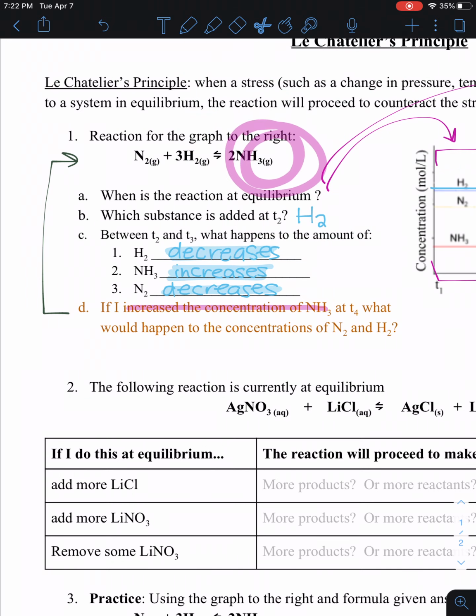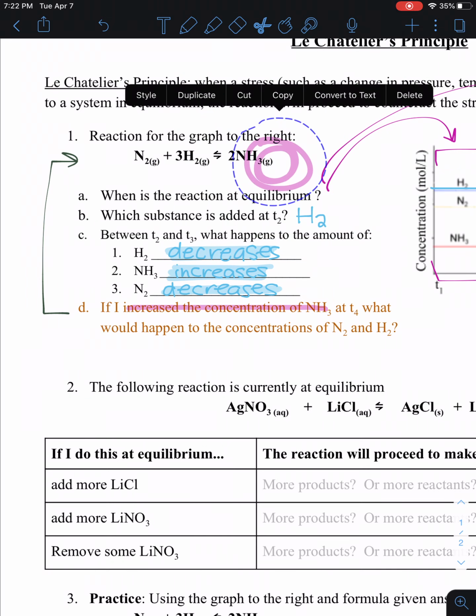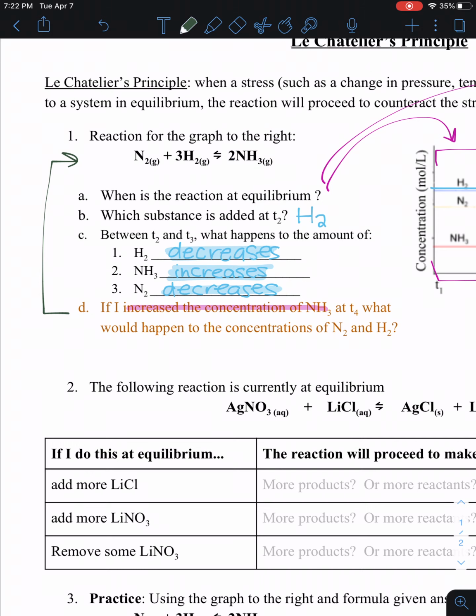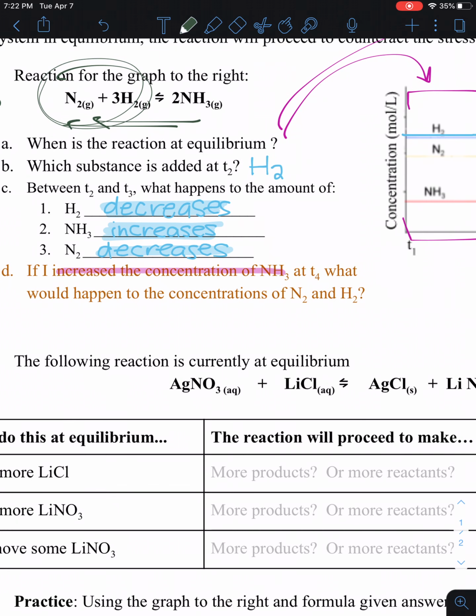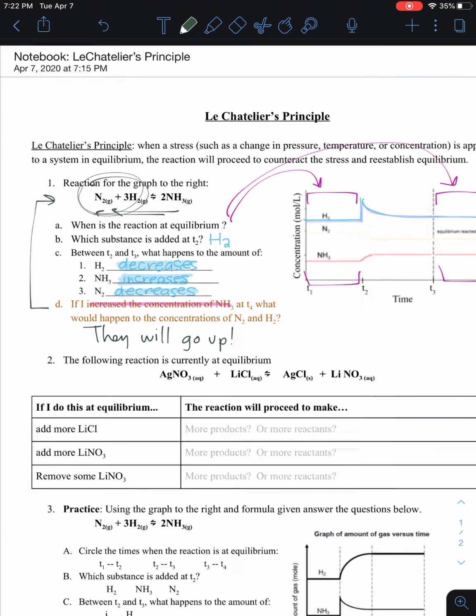Since I've increased the amount of NH3 so much, the reaction is going to shift away from that stress. So we would expect more N2 and H2 to be made. They will go up. They will increase.